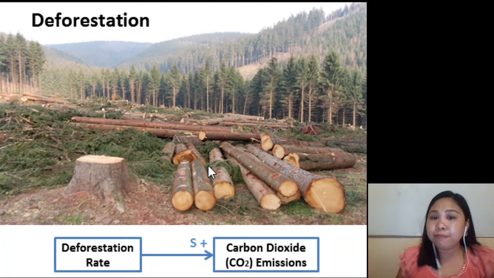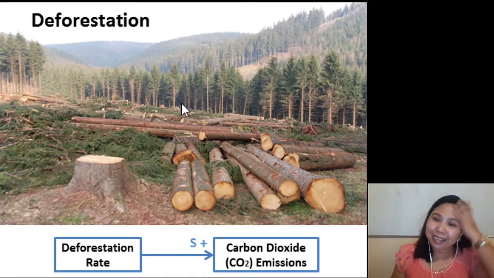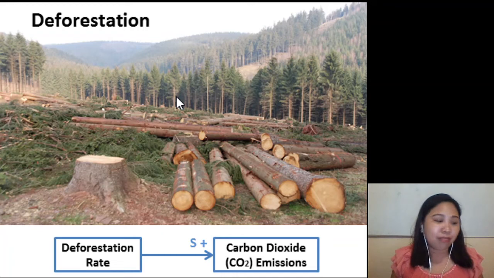So, one of the human activities we can watch out for is the cutting of trees. And remember, in our hydrosphere, this is also a contributing factor in making our ocean acidic. So, deforestation is a huge factor in our environment.